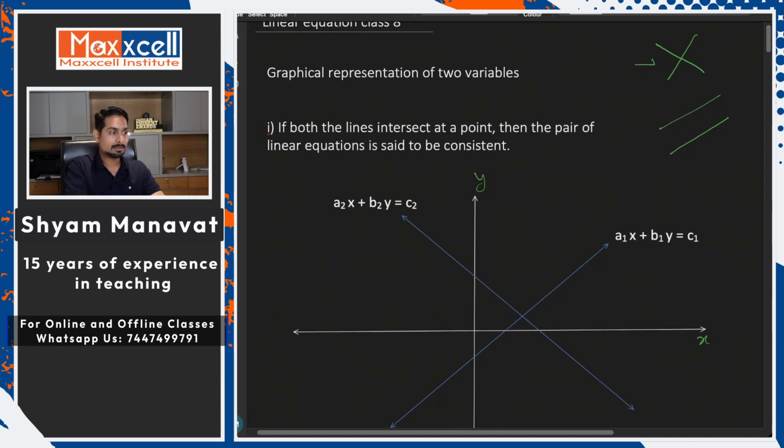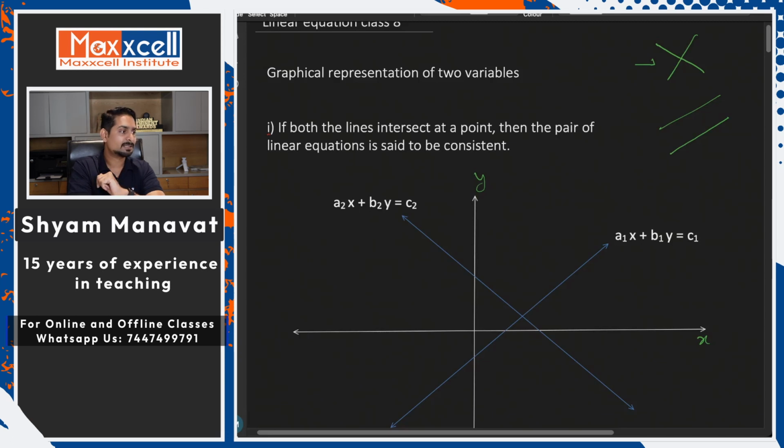Equation number 1 I have taken as a1x plus b1y equal to c1, where a1 is the coefficient of x. Do you remember coefficient? A coefficient is a number which is with a variable. We have studied it in the basics of algebra. b1 is the coefficient of y here.